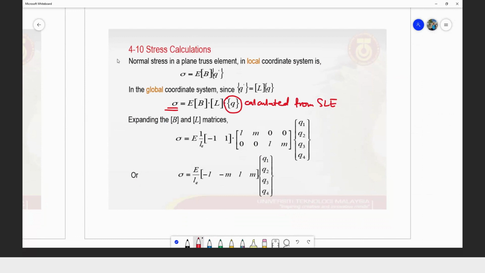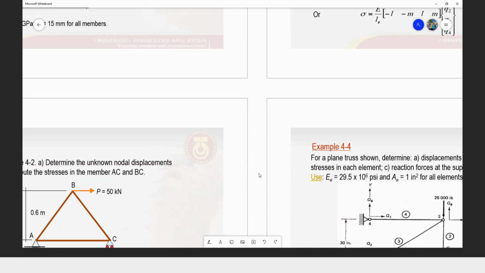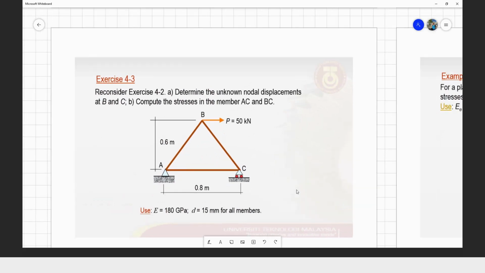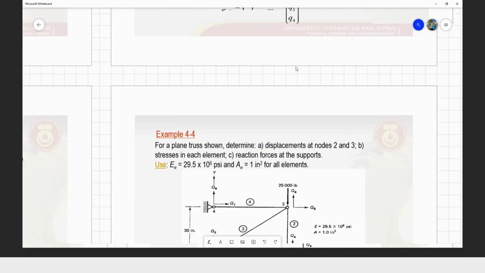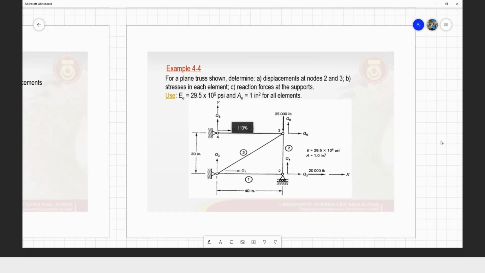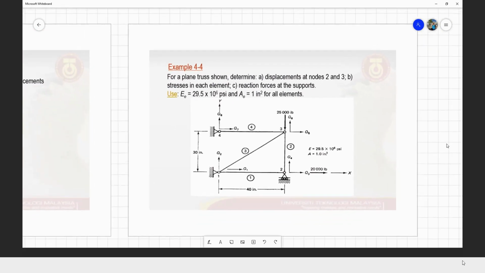These equations, we also rarely ask you to derive. Usually we will supply the equation so that you just apply it to your problem. All right, I think that's all in terms of the theory for plane trusses.